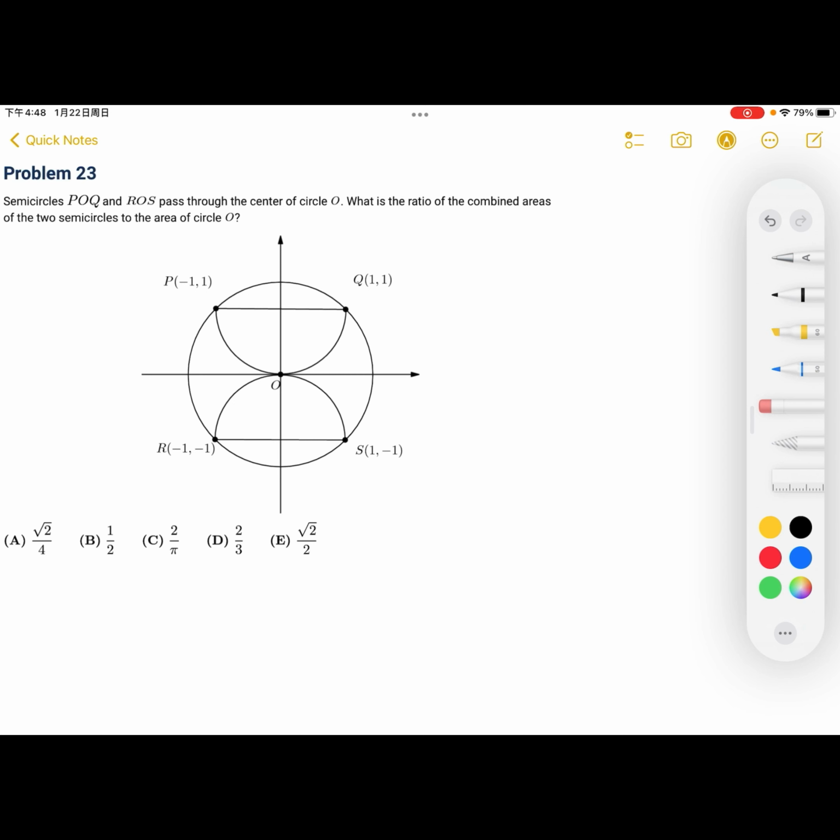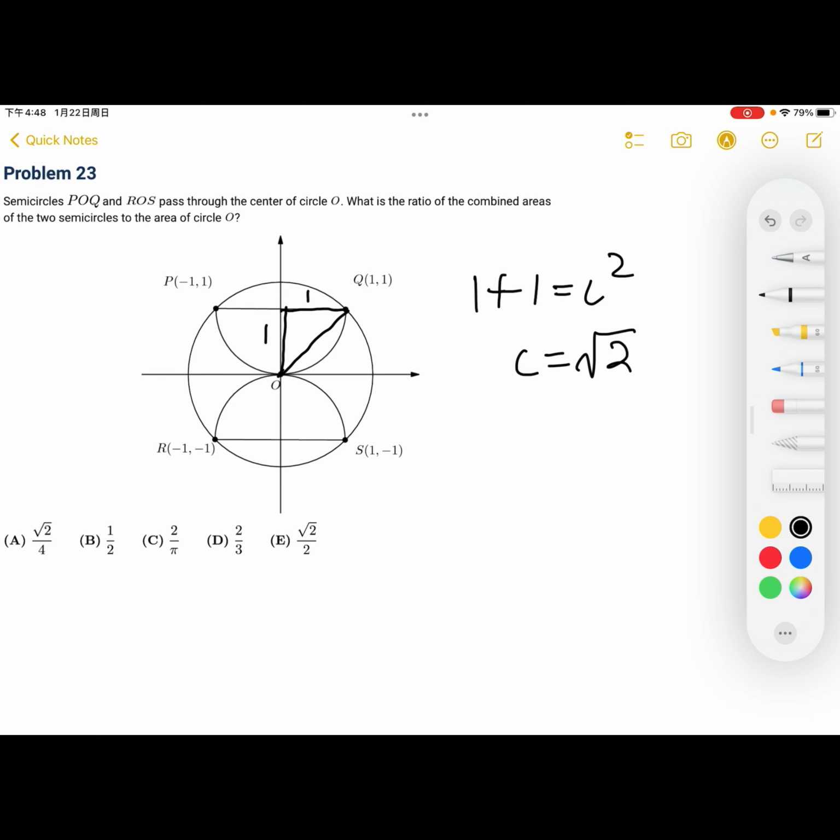Okay, so first of all, what we can do is determine the radius of O, which is just this. So that would be, since we know the height right here is 1 and this length right here is also 1, we can use the Pythagorean theorem. 1 plus 1 equals c squared, so c is equal to the square root of 2.